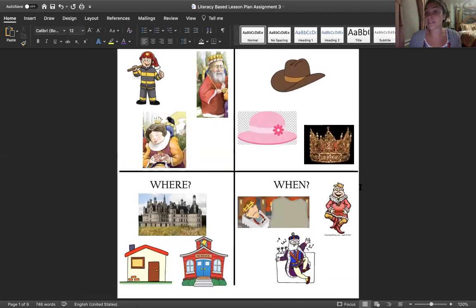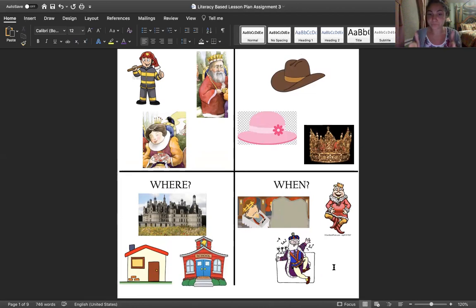Where do kings and queens live? Do they live in a house like you and me? Do they live in the school where we're at right now? Or do they live in a big castle? And again, all the pictures I'm taking from are from this King and Queen book. So they would put their Post-it note, hopefully, on the big castle right here. And when does a prince or princess become a queen or a king?